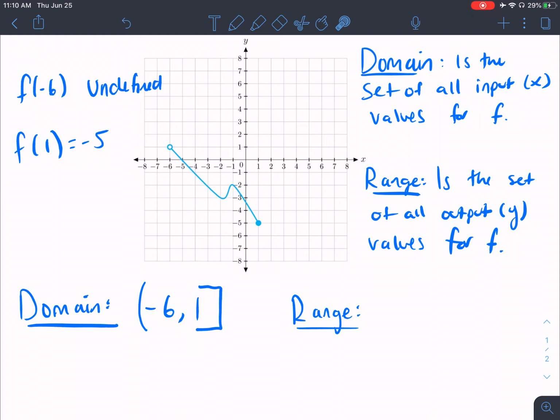But if I go up to -5, notice that -5 was an output of something, so it is going to be in my range. I'm going to start my range at -5, and because my circle is filled, I know that it does include the y value -5 as an output, so we put a square bracket.